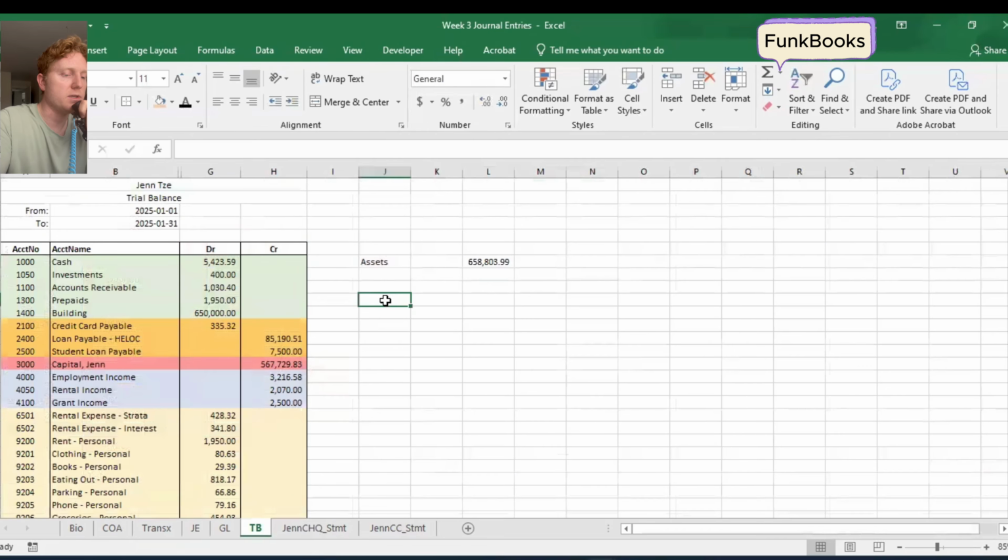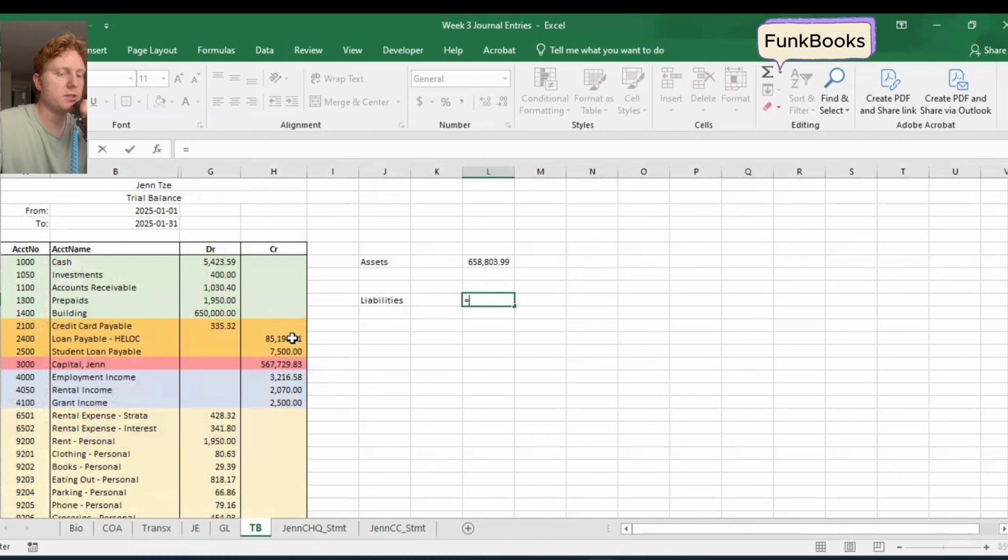Our liabilities. So what are our total liabilities? We've got this plus this, and actually minus this amount there. So 92,355, right?